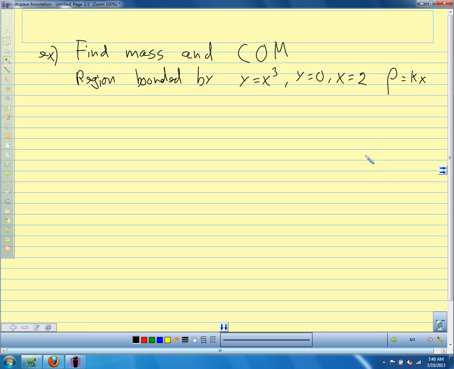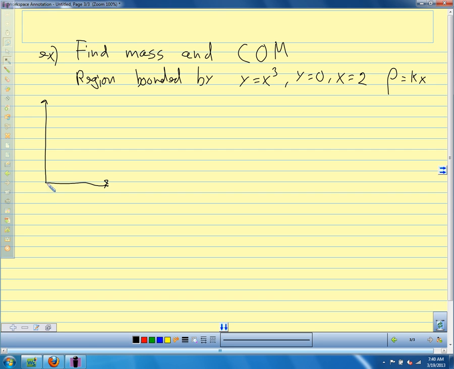So as we move further along the x-axis, our mass density increases. So what's going to be the first thing? What do we want to do first here to find our mass, center of mass? Let's draw our region. So make a quick sketch of our region.